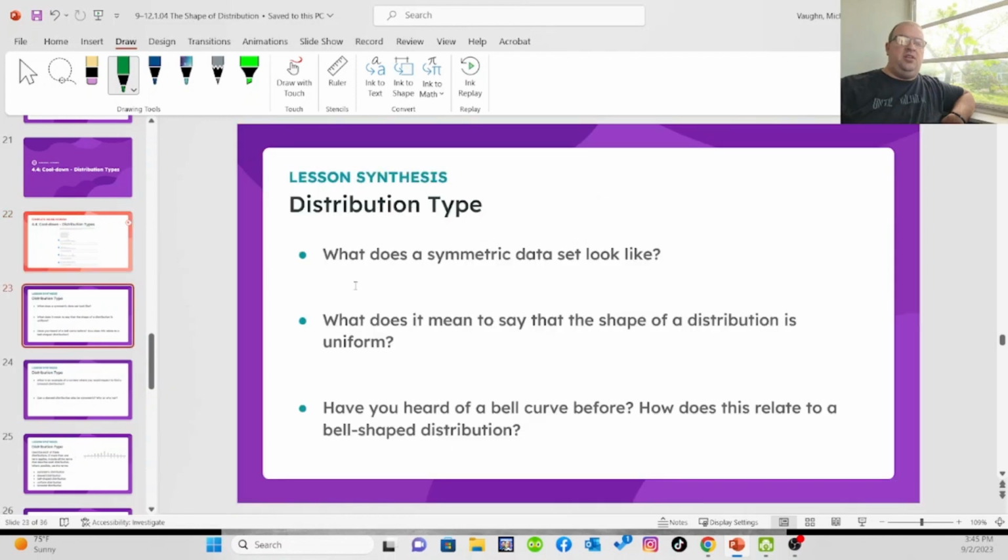So you have questions. What does a symmetric data set look like? What does it mean to say that the shape of a distribution is uniform? Have you heard of a bell curve before? How does this relate to a bell-shaped distribution?